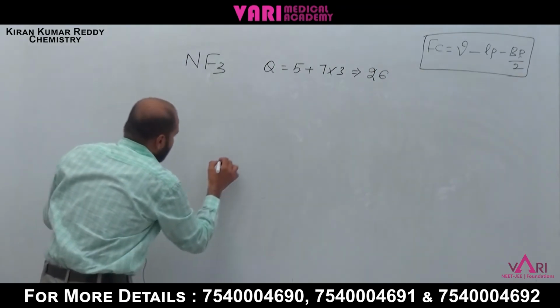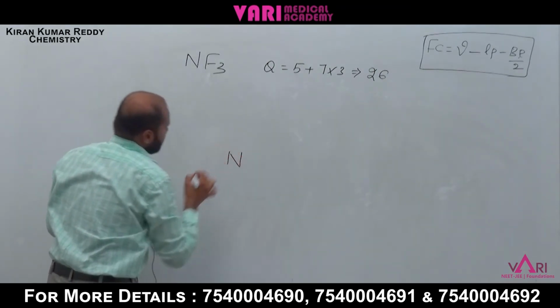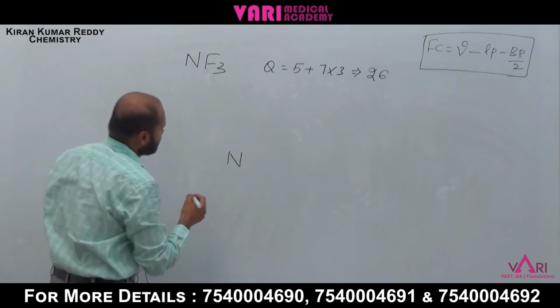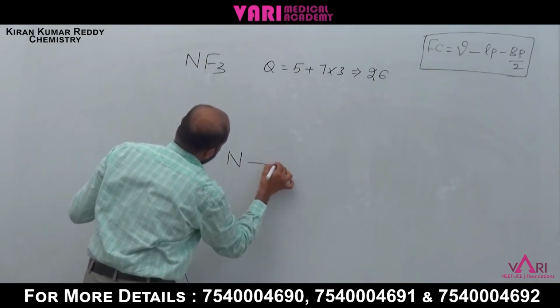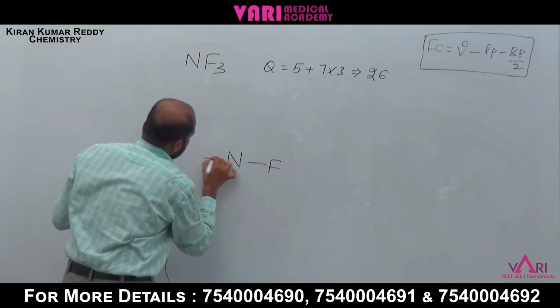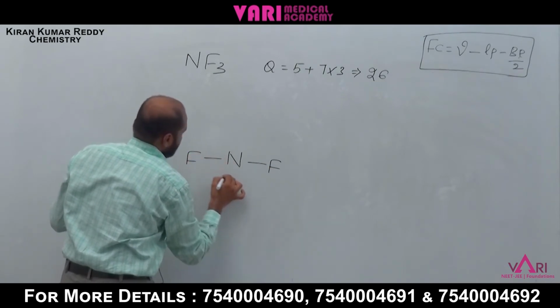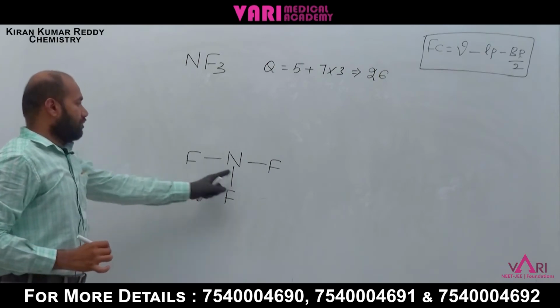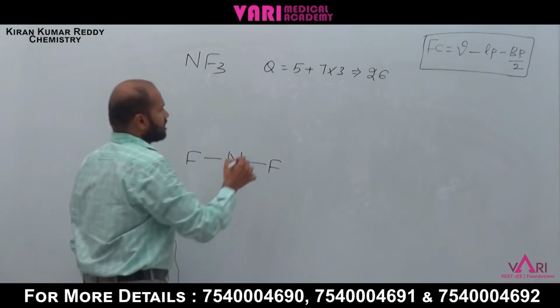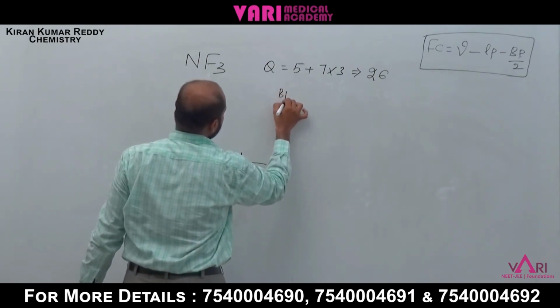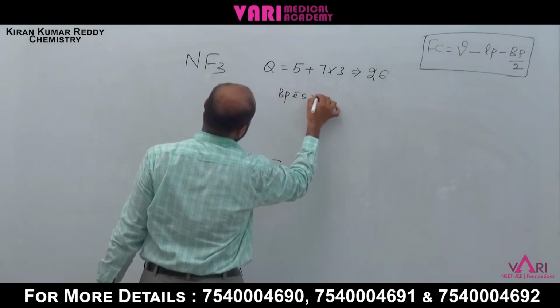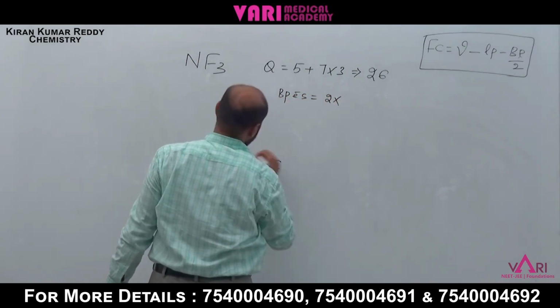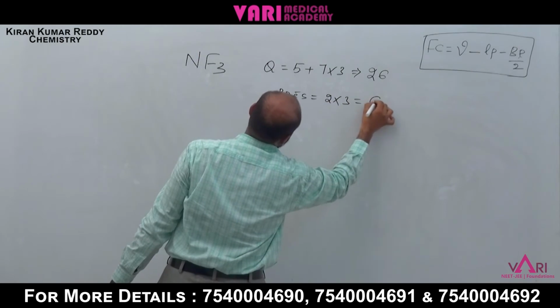Now I am writing nitrogen here. How many bonds, students? Here is 1 F, this one also 1 F, and here also 1 F. So 3 bond pairs. Bond pair electrons equal 2 into the number of bonds, 2 into 3, that is 6.